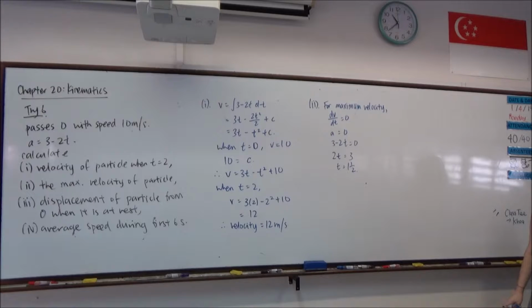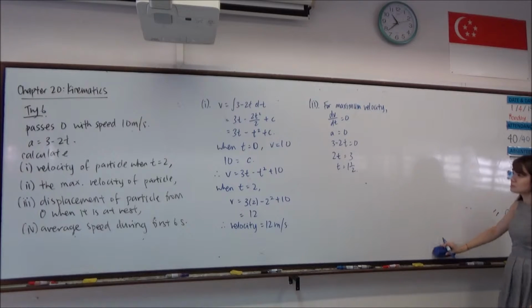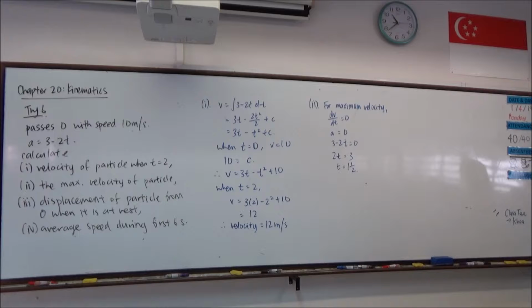In this case, when you come to the maximum velocity, the acceleration is 0, so t is equal to a half.